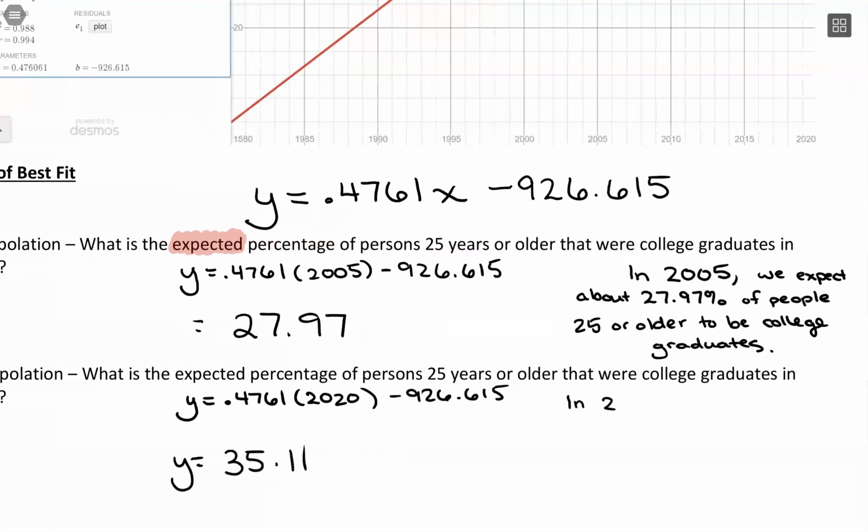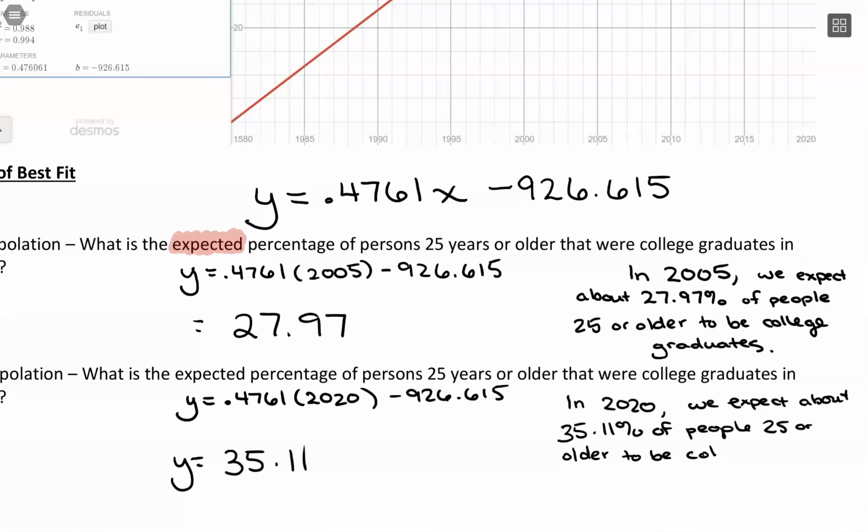So in 2020, we expect about 35.11% of people 25 or older to be college graduates, but this value is from extrapolation.